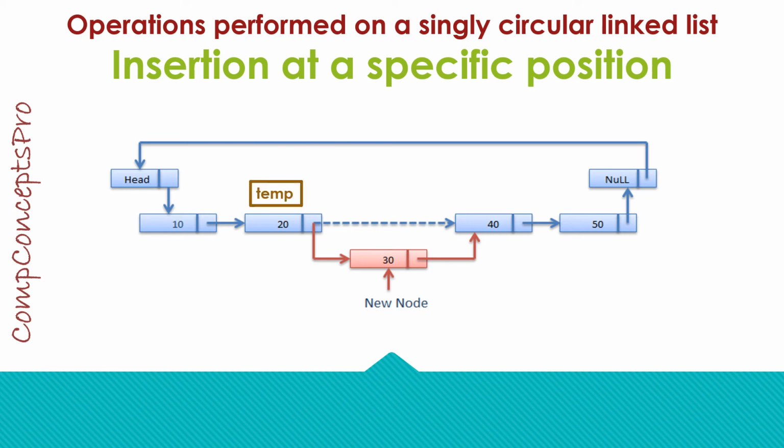So this temp will point to the node before the specific position, and temp1 will point to the node after the specific position where I have to insert a new node. And finally, we have to adjust the connections. Like this, temp should point to the new node and next of new node should point to temp1.